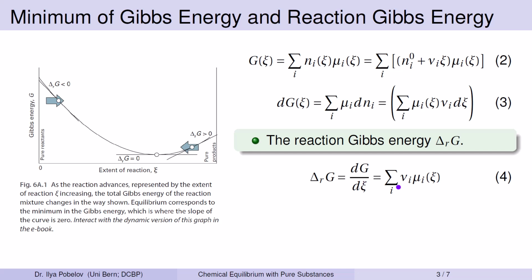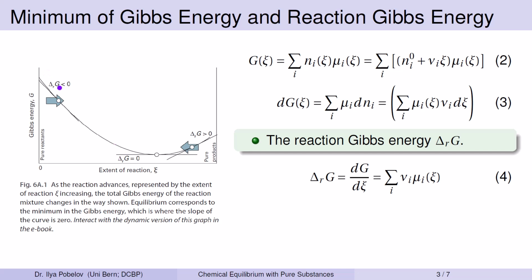It is given by the sum of the product of the stoichiometric number and of chemical potential at the current composition of the reaction mixture across all reaction participants. Graphically, it corresponds to the slope of the plot of Gibbs energy against the extent of reaction. Chemical potentials vary with the composition of the reaction mixture, and the reaction Gibbs energy changes as the reaction proceeds.